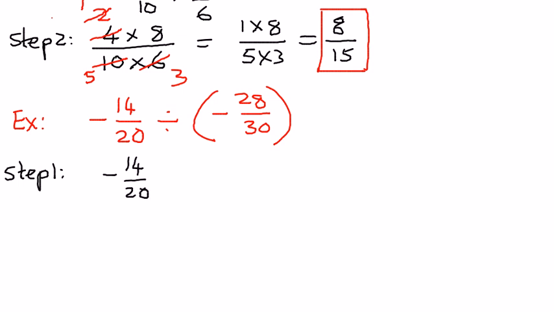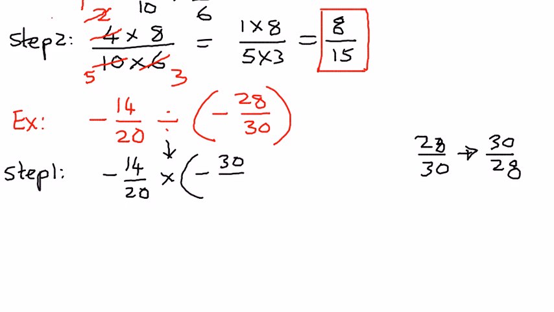We're going to convert the division into multiplication, and then we're going to write the second fraction as the reciprocal of that. 28 over 30 is the number we have, and the reciprocal of 28 over 30 is 30 over 28. The denominator becomes the numerator, and the numerator becomes the denominator when we write it as a reciprocal. So therefore the reciprocal of 28 over 30 can be written out as 30 over 28. The negative sign still remains.